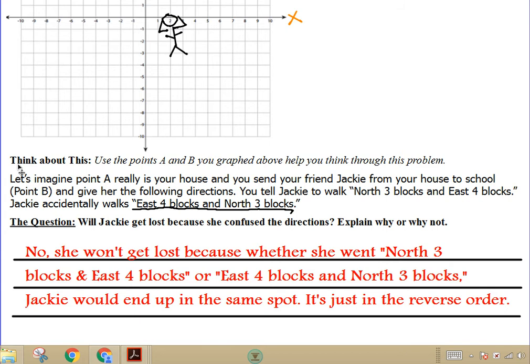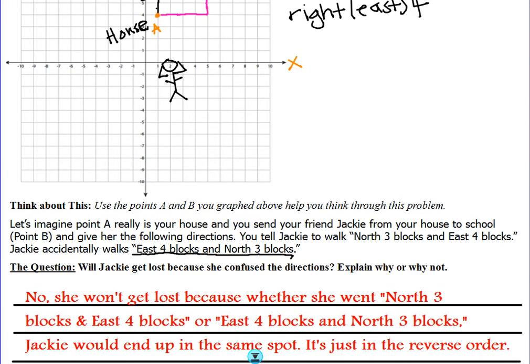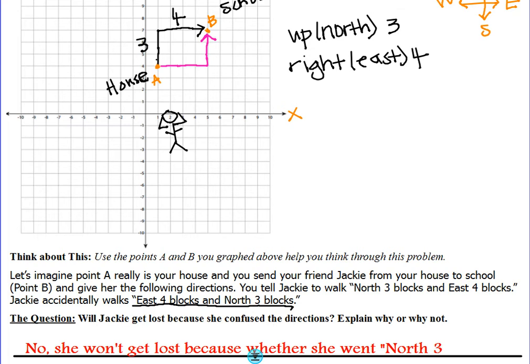So I said she won't get lost because whether she went north 3 blocks and then east 4 blocks, or east 4 blocks and north 3 blocks, Jackie would end up in the same spot. It's just in the reverse order. So she's not going to get lost. If I go back to this graph and show you, okay, east 4 and north 3.